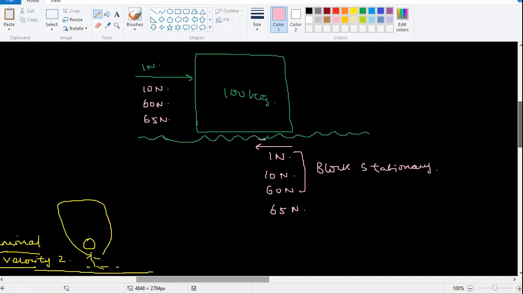But once this block starts moving, I'm going to say that if I'm applying 65 Newton, this is not going to be 65. So maybe it's still giving you around 60 Newton.